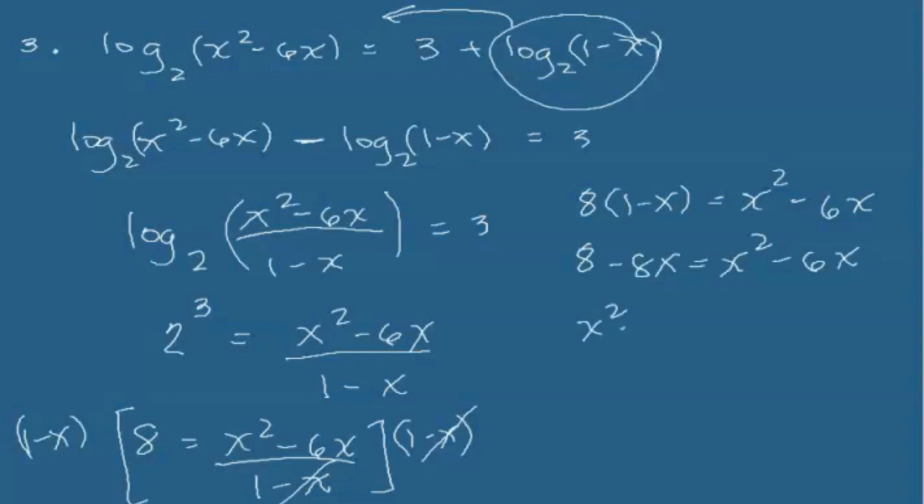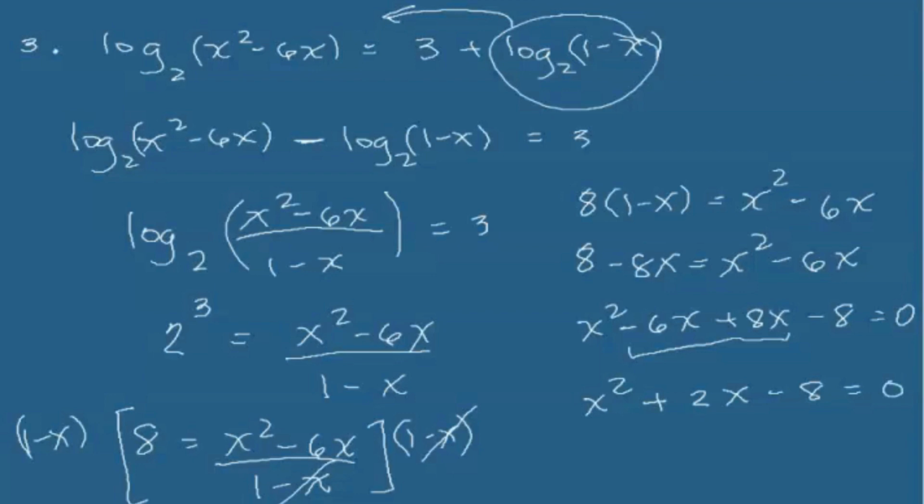So x squared minus 6x plus 8x minus 8 equals 0. Okay, so let's combine this. So we have x squared plus 2x minus 8 equals 0.